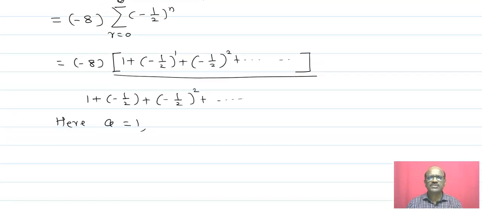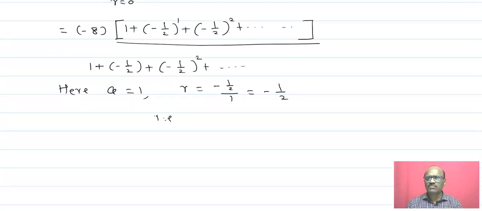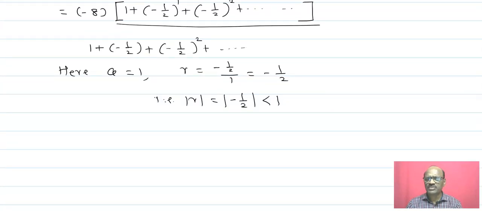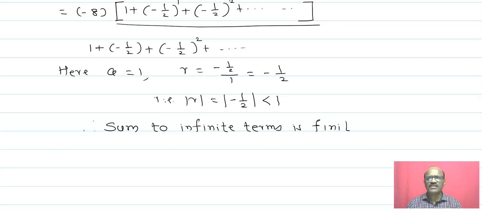Here a equals 1, r equals minus 1 upon 2. This is the ratio. Now we will find out that mod of r equals mod of minus 1 upon 2, which is 1 upon 2, less than 1. Therefore the sum to infinite terms is finite.